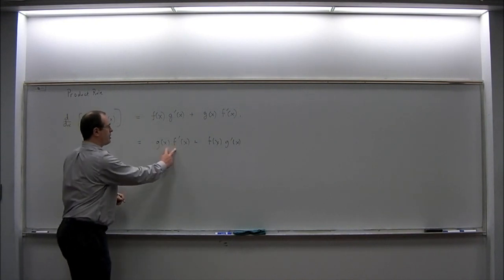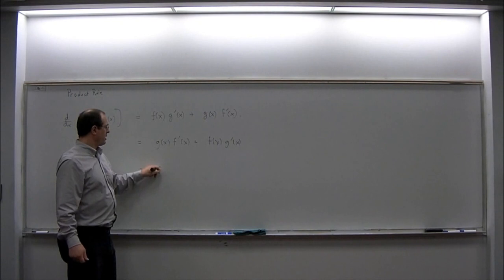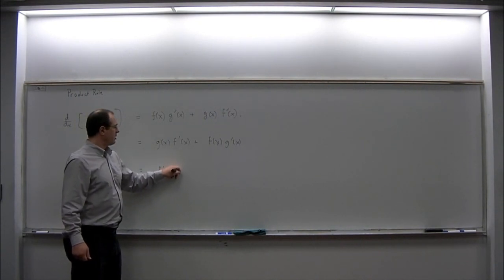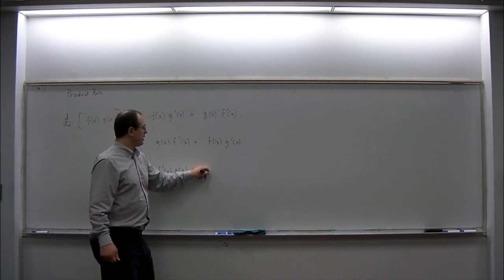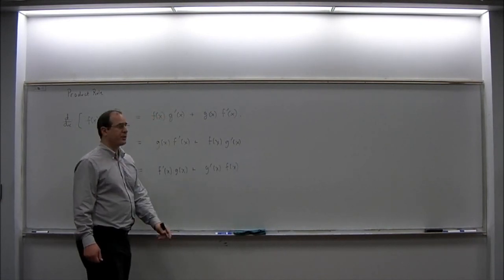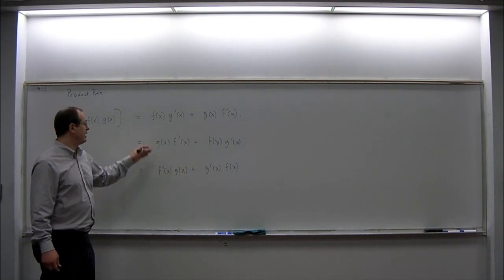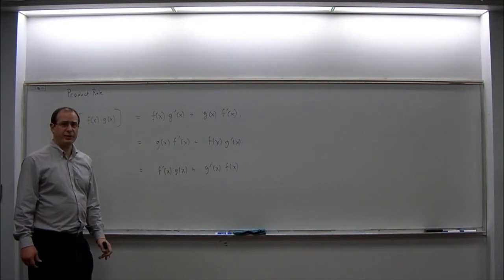And then you could switch the order of the multiplication within the terms: f prime of x times g of x plus g prime of x times f of x. So it's a very friendly formula. You can switch things around quite a bit and get the same answer.